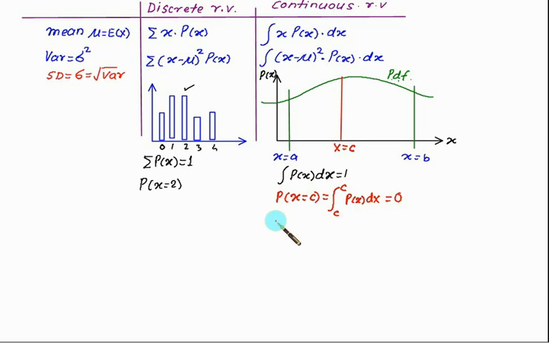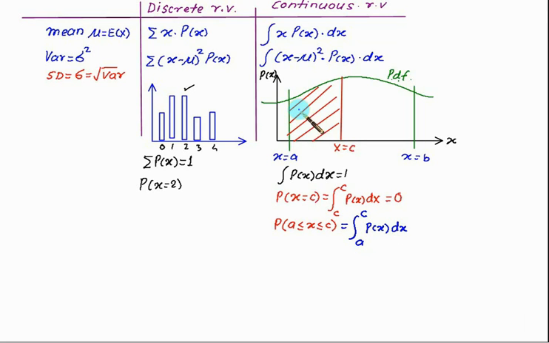But we can very well define the probability a less than or equal to x less than or equal to c. This probability is represented by this area. If the standard area is known, you can calculate that, and if the function is known, then you have to integrate. It is the integral from a to c of p(x) into dx. Now this will be a definite value.